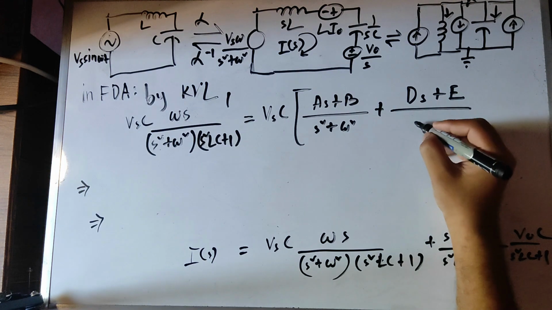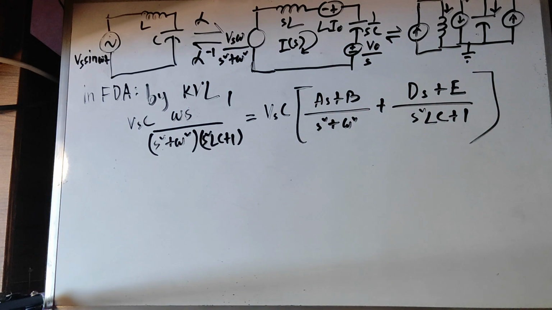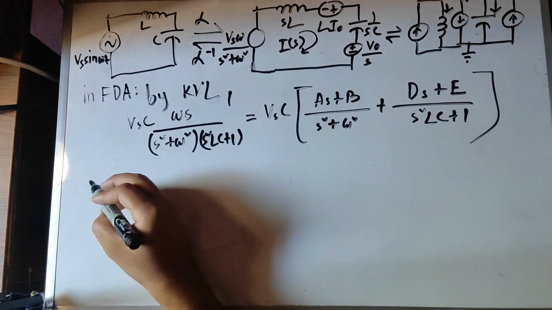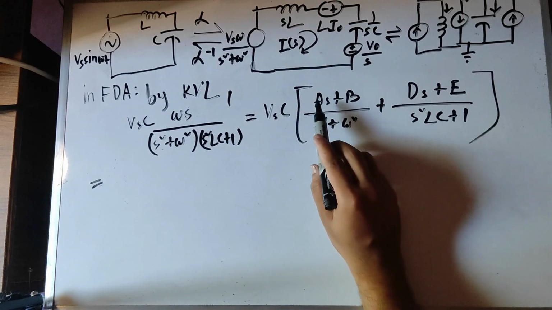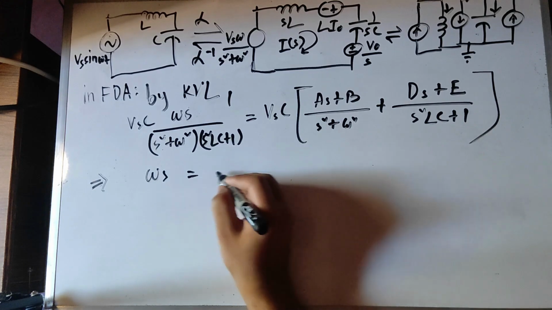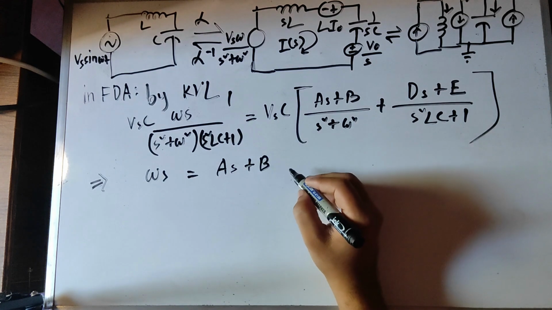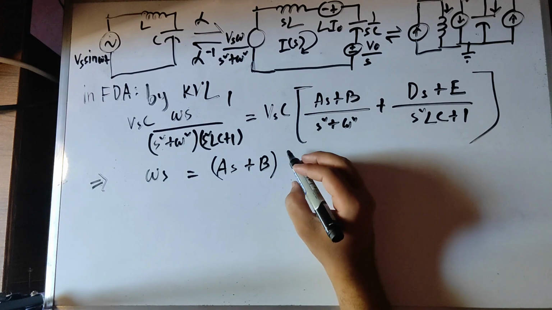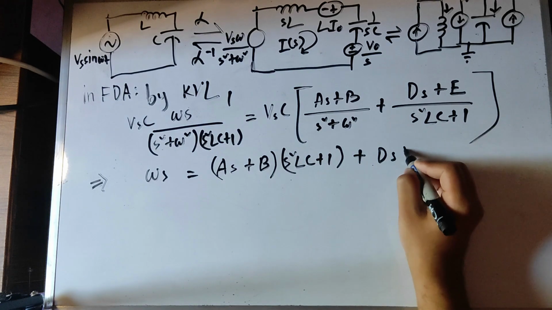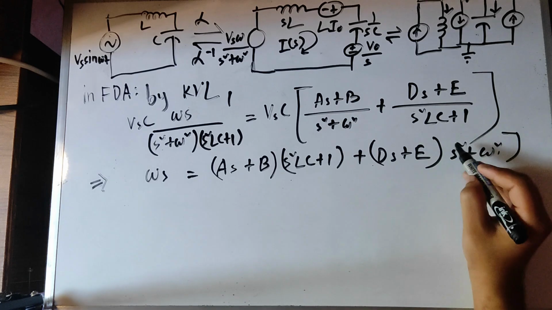Here, to find the arbitrary constants, omega S = (AS + B)(S square LC + 1) + (DS + E)(S square + omega square). Omega is the input frequency.